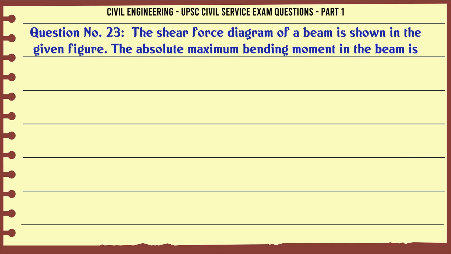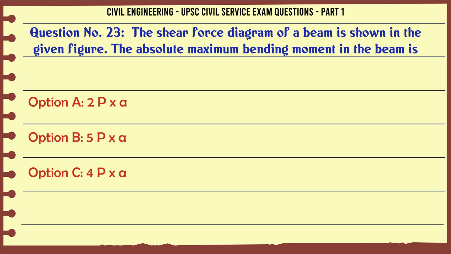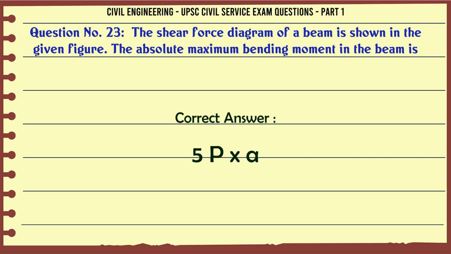The shear force diagram of a beam is shown in the given figure. The absolute maximum bending moment in the beam is A 2 pxa, B 5 pxa, C 4 pxa, D 7 pxa. The correct answer is 5 pxa.